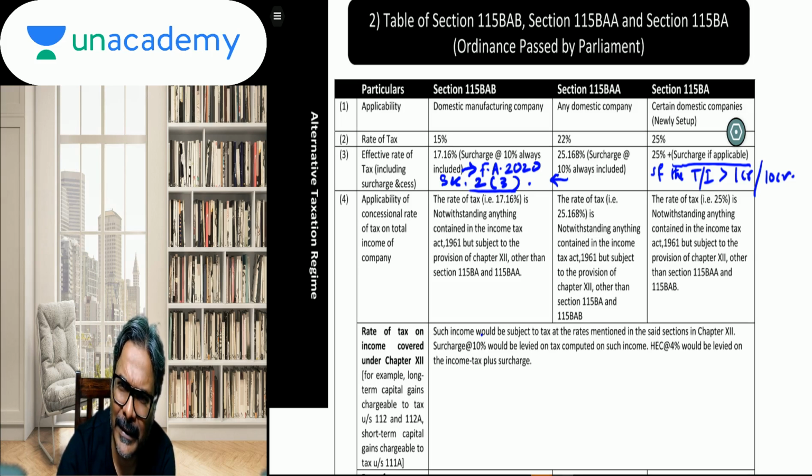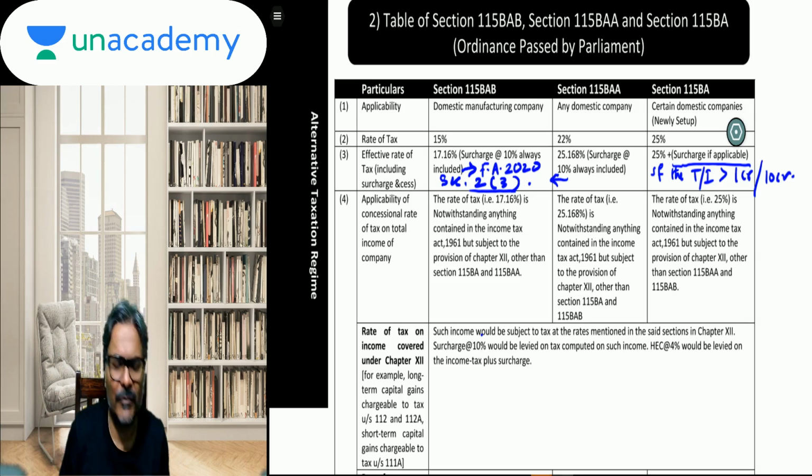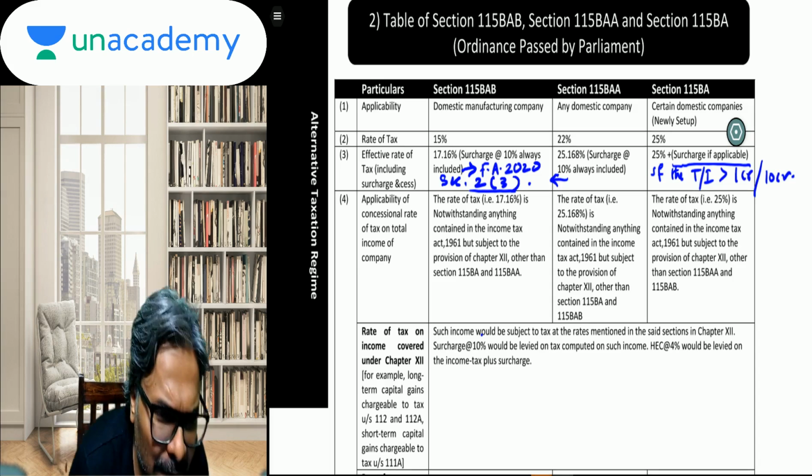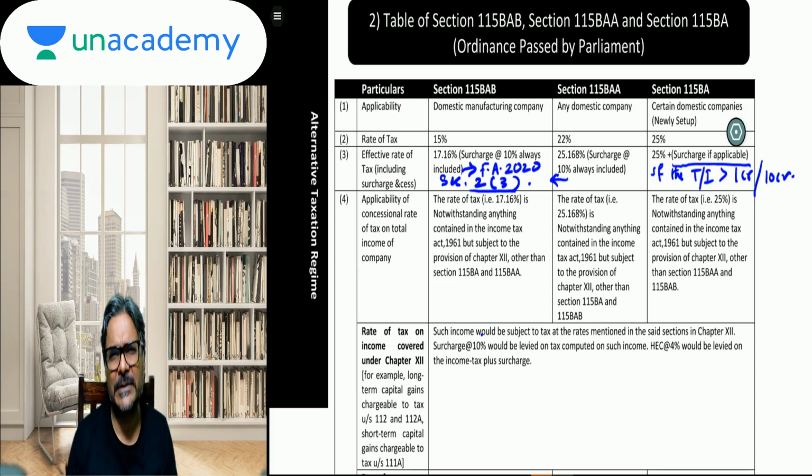Yeah, agreed. You'll say then why was 115BA introduced? That is a good question. So 115BA was introduced, students, in the Finance Act 2017. When FA 17 was introduced, at that stage only 115BA was there. So we never had 115BAA and 115BAB.